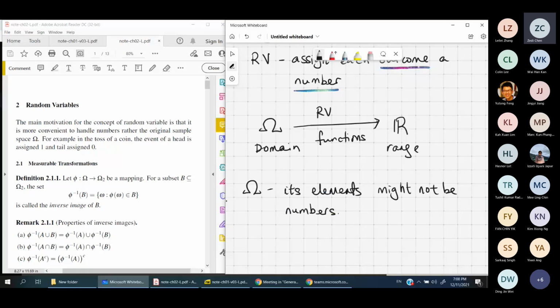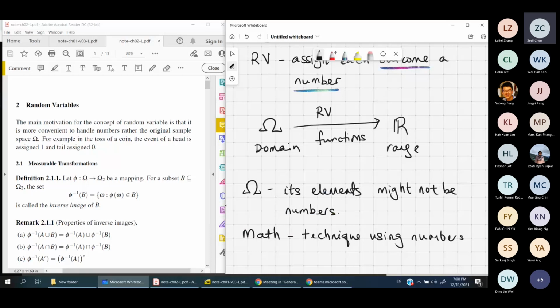And we know math is a technique using numbers. The formulation of mathematics uses numbers, right? So if omega is something that is not a number, it is very hard for us to apply the theory, formulas, or techniques of mathematics to solve our problem.